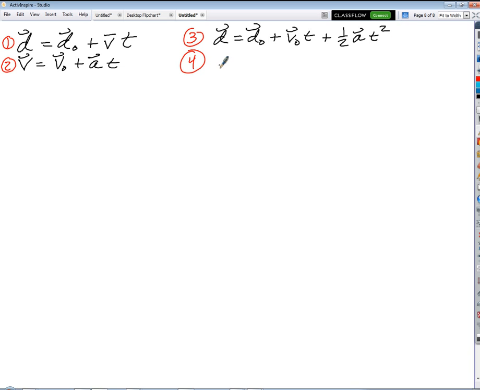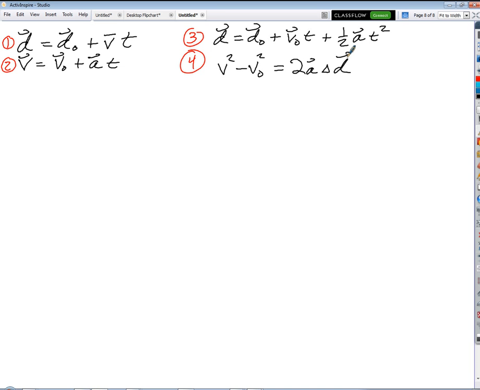The last one, here's how I think you should write it. I think you should write it as v squared minus v naught squared equals 2a delta d. Okay, make sense? So what would you use that one to find?